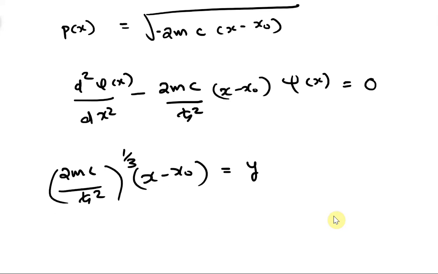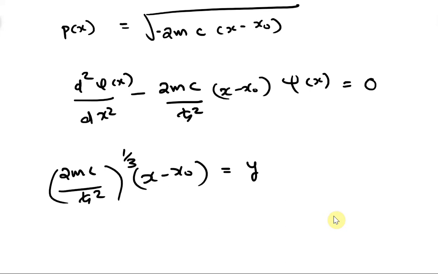You know that the power 1/3 has been taken, so you can substitute this entire term as 2mc by h cross square to the power 2/3, and the x minus x naught will go as y, and 2/3 of that remains over there.